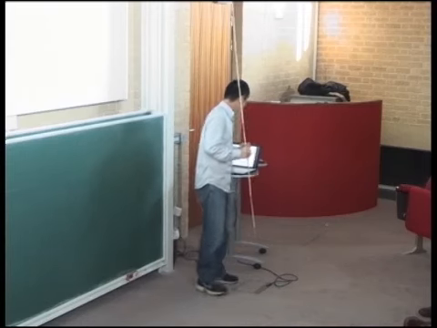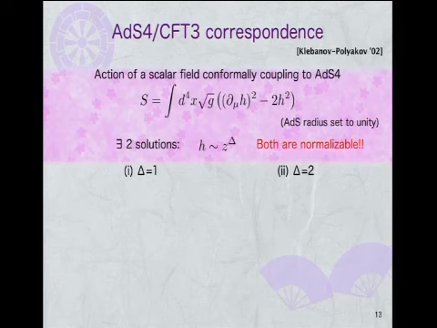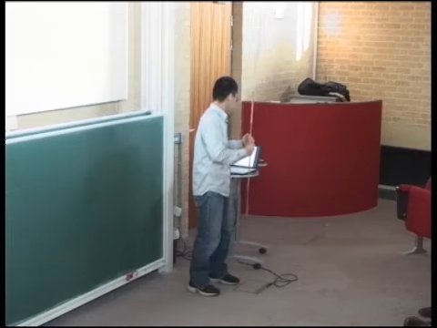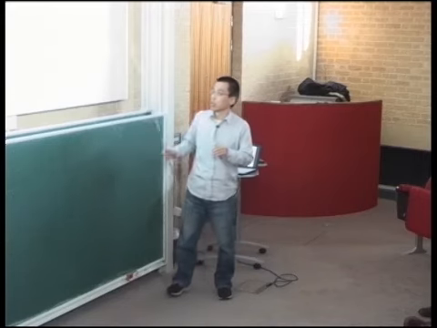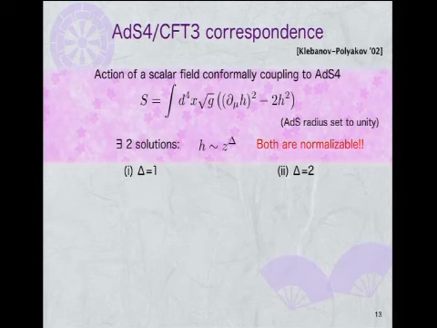And the point is that these solutions are both normalizable, which means that there are two corresponding CFTs which have a singlet operator with conformal dimension 1 or 2.